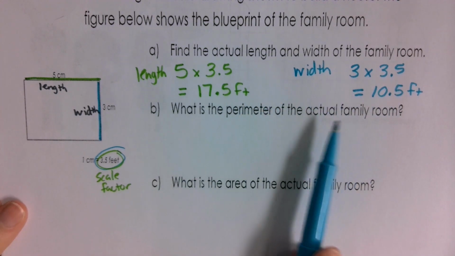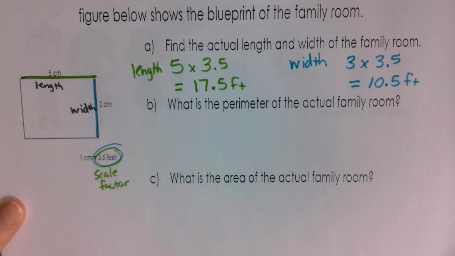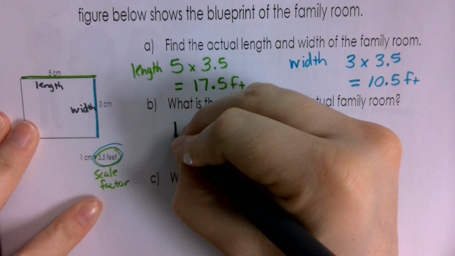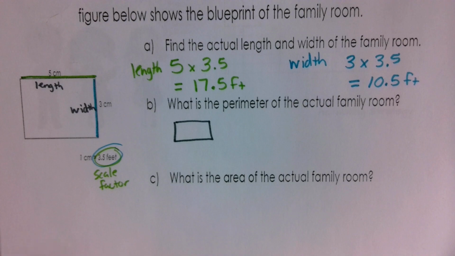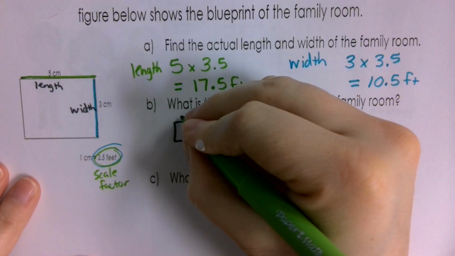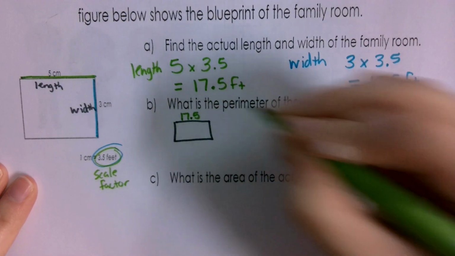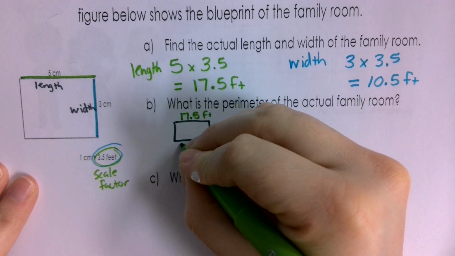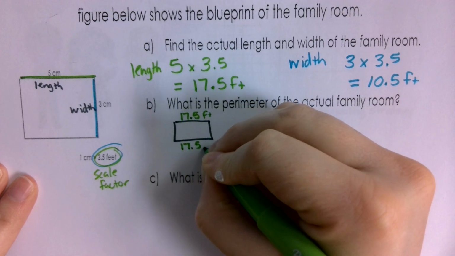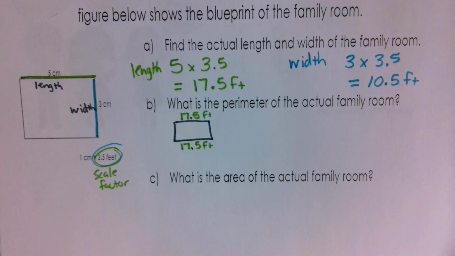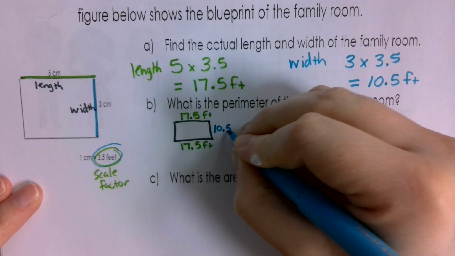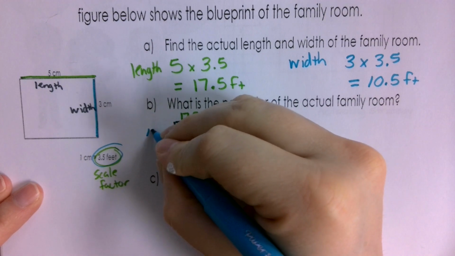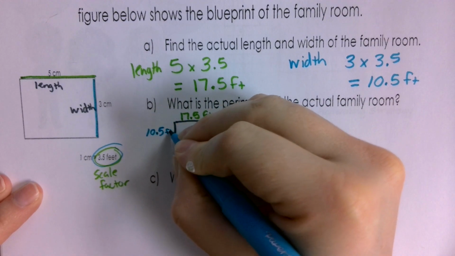Now we want to find the actual perimeter. So again, guys, if you were to draw this out for perimeter, you are adding all the sides together. So I know that this measurement is 17.5 feet. I also know down here this is 17.5 feet. I know that the side measurements are both 10.5 feet on the right and 10.5 feet on the left.